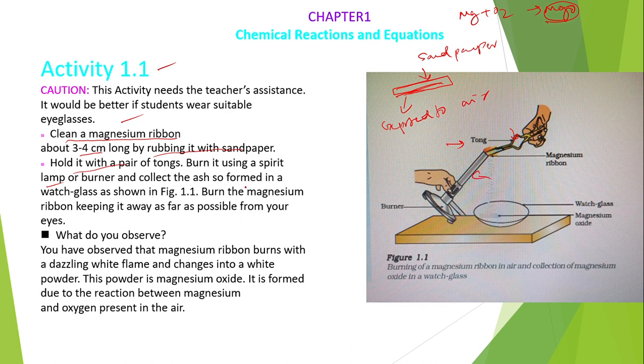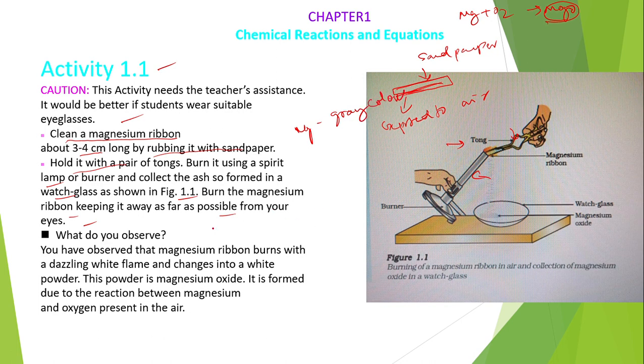Collect the ash so formed in a watch glass as shown in the figure. Burn the magnesium ribbon, keeping it as far as possible from your eyes. After cleaning, you burn this. So actually, magnesium is grey color.